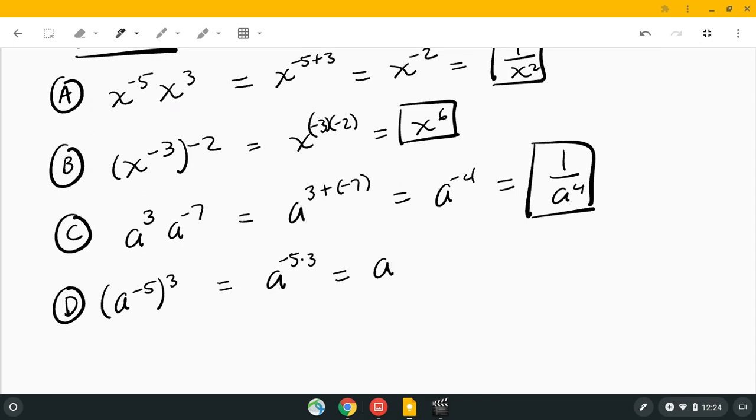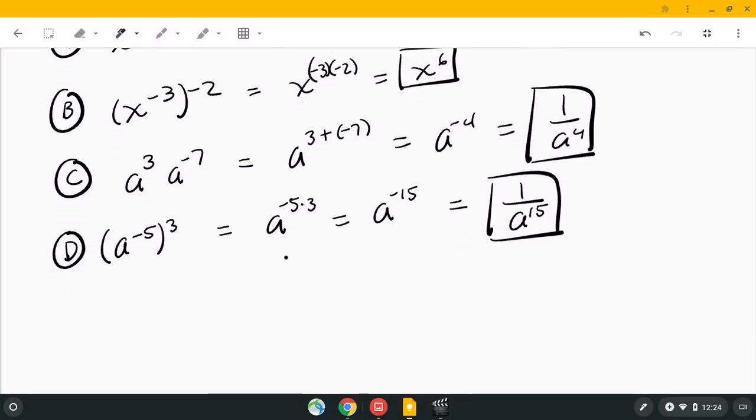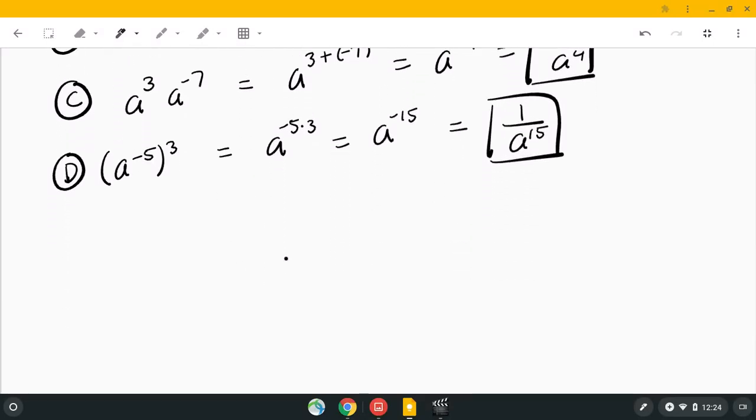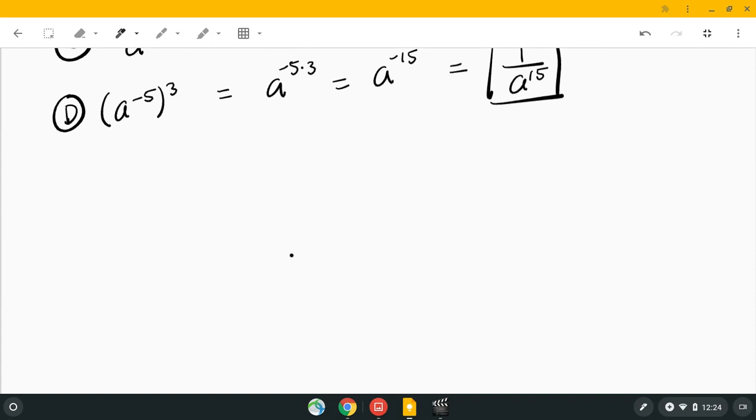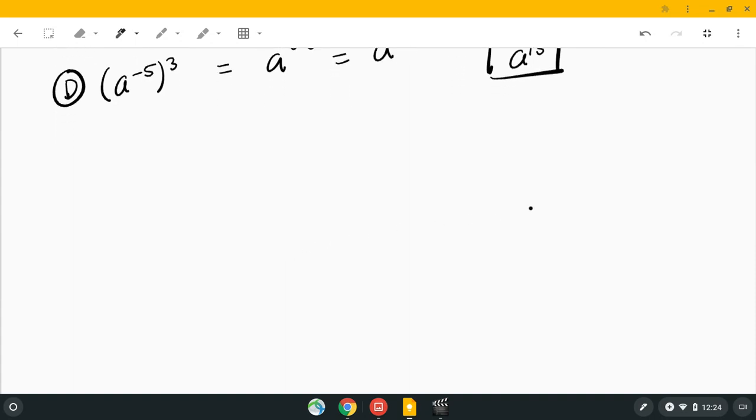And that will give me a to the negative 15. And I don't want a negative exponent, so there we go: 1 over a to the 15th. So here's just a little bit more on negative exponents.